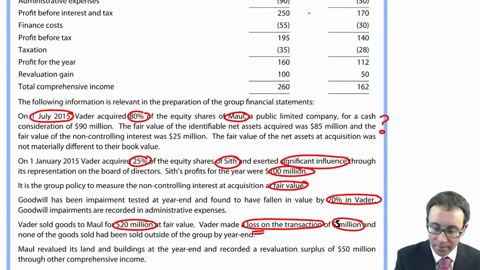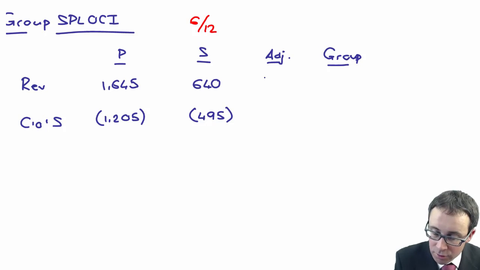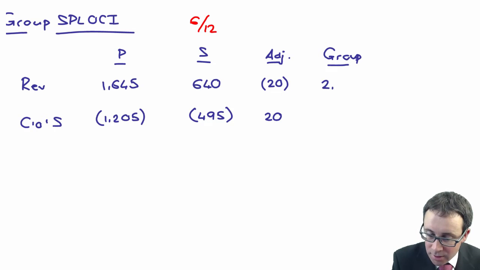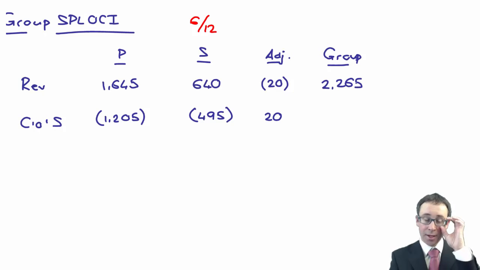So they are there as 20 million. So we need to reduce the revenue by 20 and cost of sales by 20. Okay, there's no other adjustments to revenue. Revenue is one of the easiest figures to get. So we end up with group revenue of 2265.